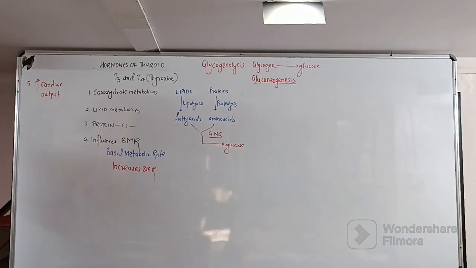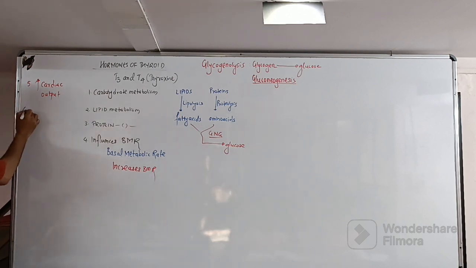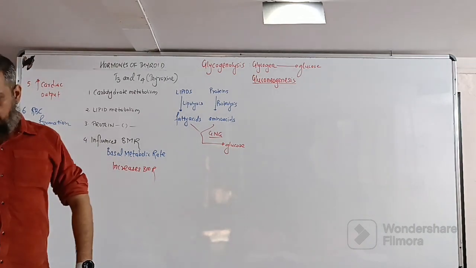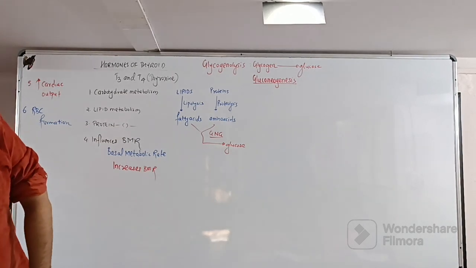Yes or no? It also helps in red blood cell production, RBC production. RBC production is called what? Erythropoiesis. It helps in RBC formation. Okay? The red blood cell formation is also influenced by it.